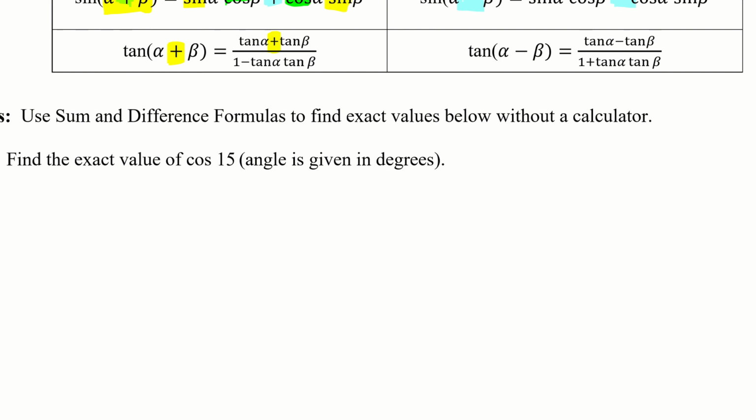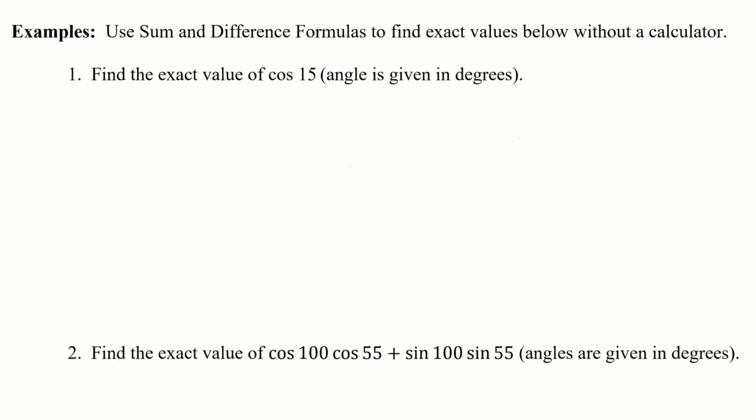The denominator, you're going to want to memorize this, will always start with a 1, and if this is a sum formula, this becomes a difference, and then it's the product of the tangents of both of those angles. The difference formula, the pattern stays the same. Since we're starting off with subtraction on that numerator, it is subtraction. On the denominator, it becomes addition. And that will always be true: the 1 on the denominator for the tangent formulas has the different sign.